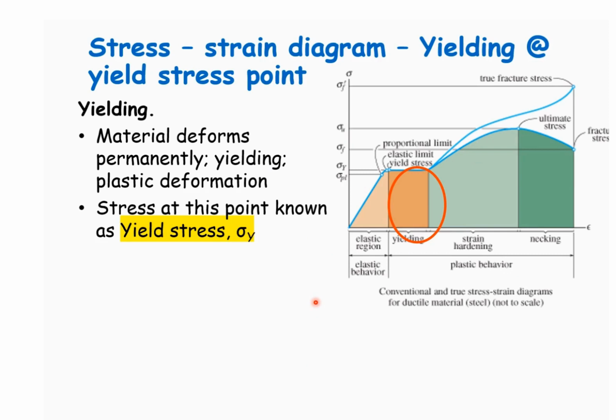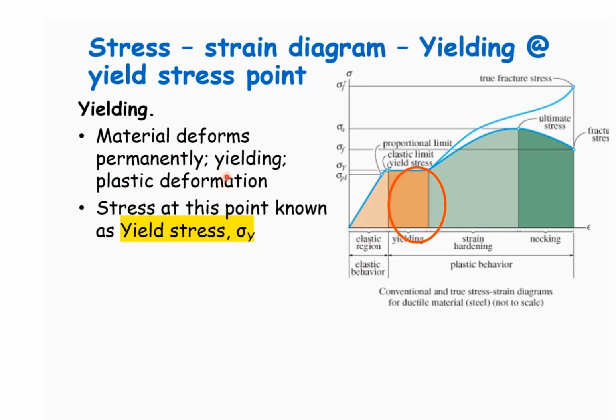After the elastic limit, yield stress will occur. The material will extend rapidly with a minimal loading increase, and it will deform permanently, which we call yielding, or plastic deformation.